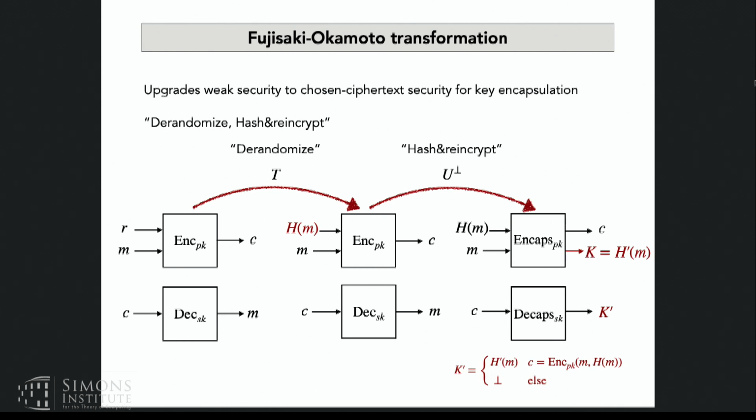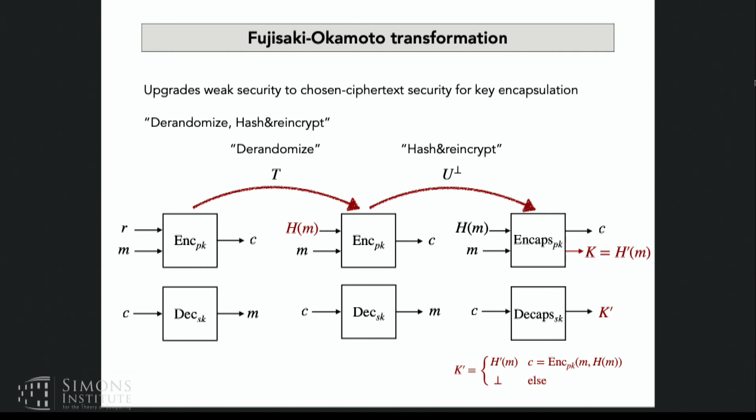Now we're talking about a key encapsulation scheme. That's why these algorithms have different names. Let's look at this decapsulation functionality first. What does it do? It takes a ciphertext, and then it decrypts it to obtain M. But then it actually re-encrypts M using the correct randomness that the encryption should have used. And if it doesn't get you back the ciphertext C, then it basically refuses to work.